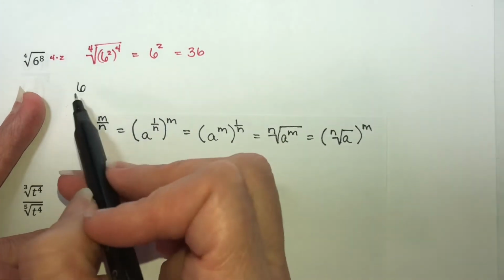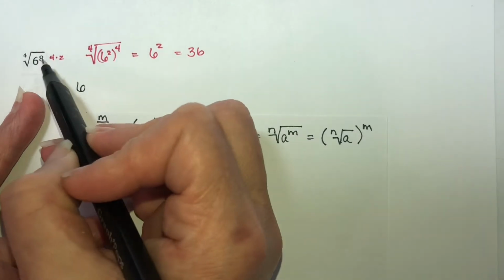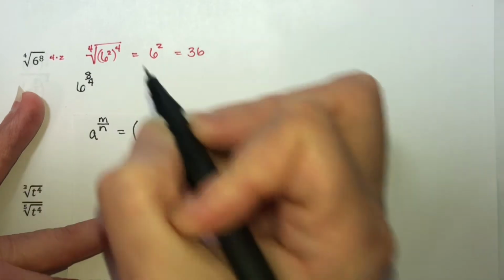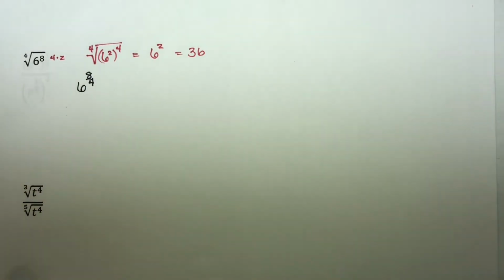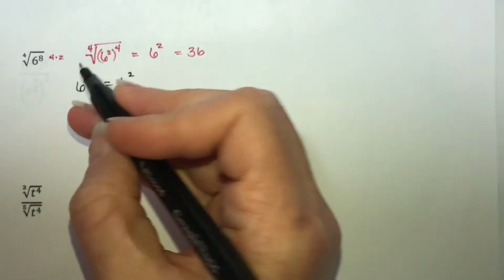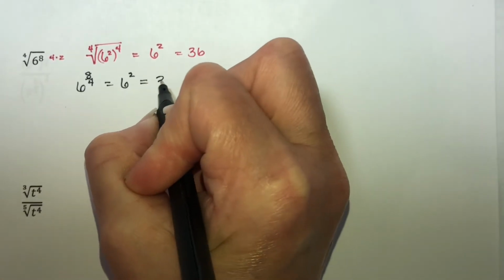My exponent is m, so it's m over n, so 8 over 4. Well, 8 over 4 is a fraction. Just because it's an exponent doesn't mean it doesn't reduce. So this is 6 squared because 8 over 4 is 2. And so 6 squared is 36.